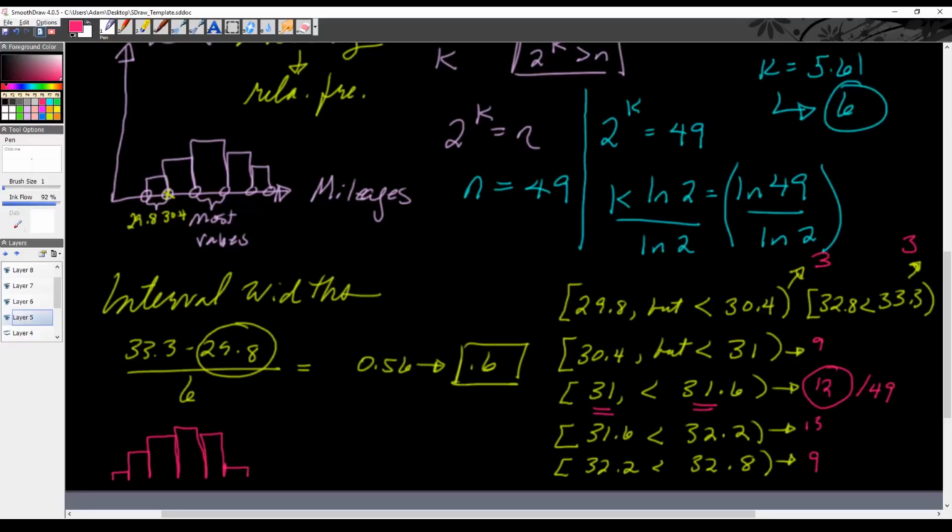We're working with 49 observations, and that gives us about 24.45%. So the probability that I randomly select a value from my data in between 31 and 31.6 non-inclusive is about 24%-ish. I'll just put about 24%.